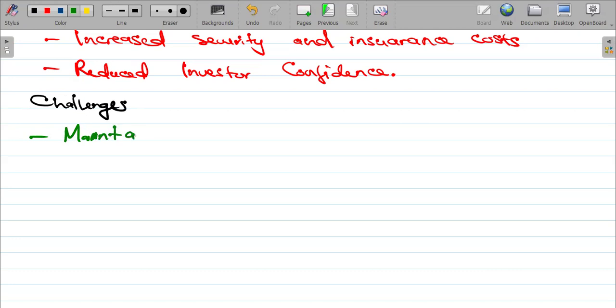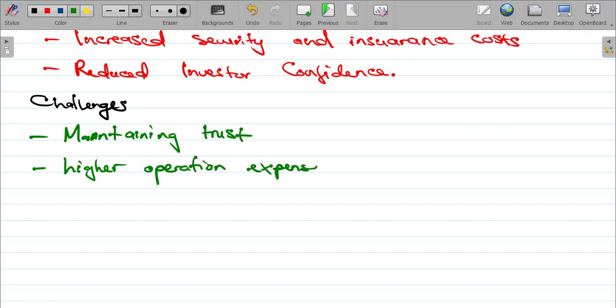And also, the business has to experience higher operating cost, since raw materials might be stolen, and also they're supposed to buy security systems.